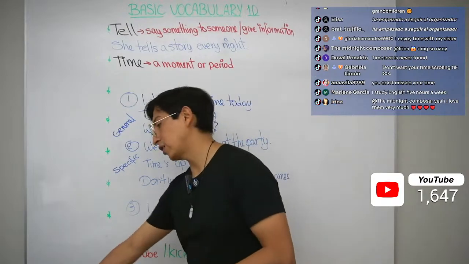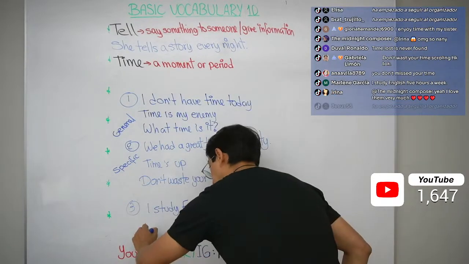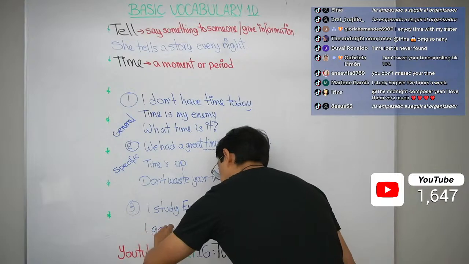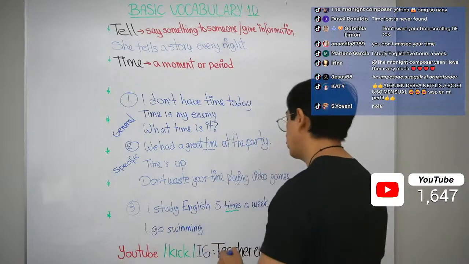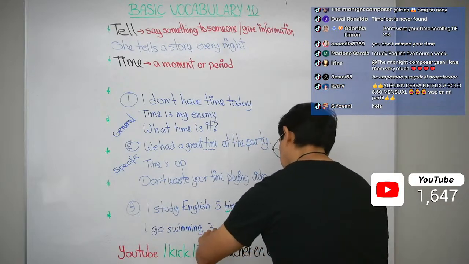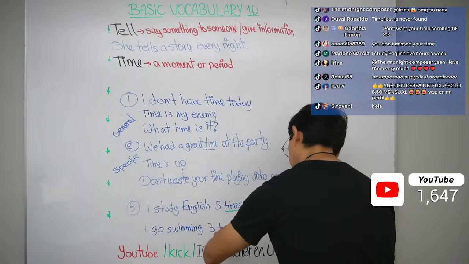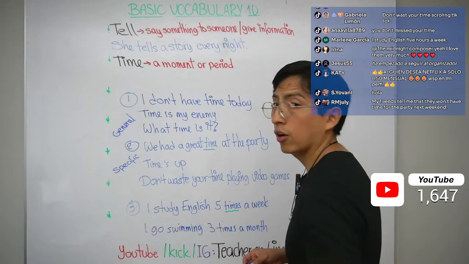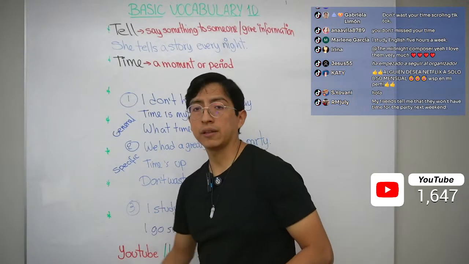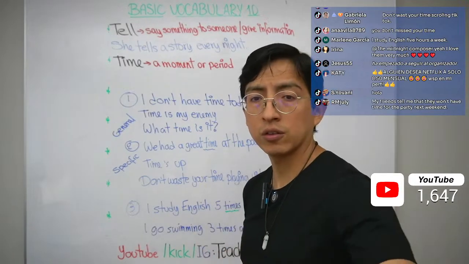Maybe you can say, I go swimming 3 times a month. That's something that we can use.